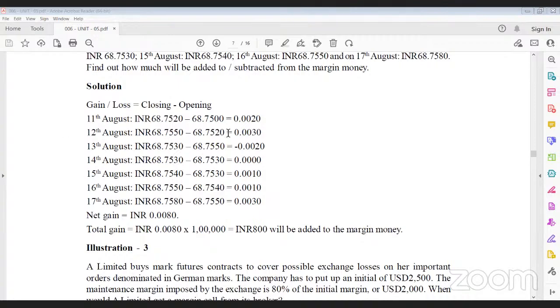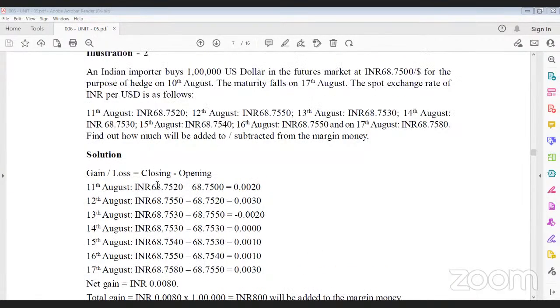Now see here, on 11th, the closing rate is 68.7520, and the earlier rate is 68.7500. On 10th, this is the closing, which means it becomes the opening of 11th.